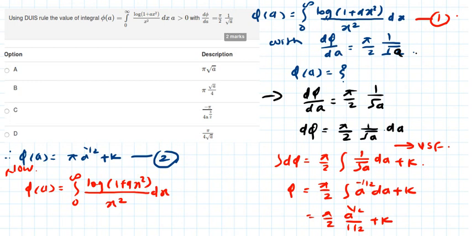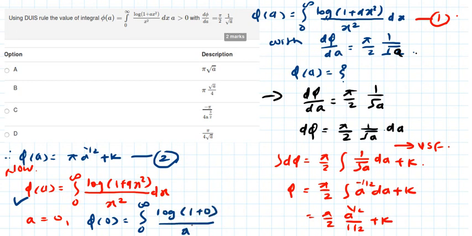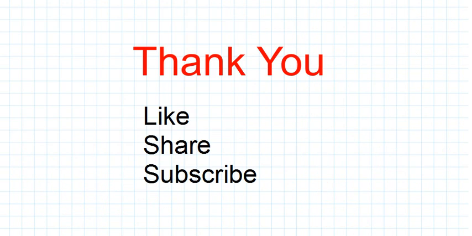If I put a equal to 0, then this term will be phi of 0, and in RHS this will be integration 0 to infinity log of 1 plus 0 upon x square dx, which is ultimately equal to 0. So from this we got the value for phi of 0, which is equal to 0.